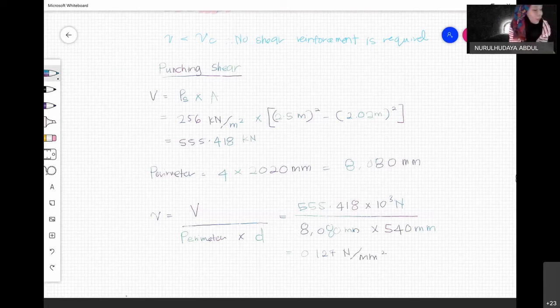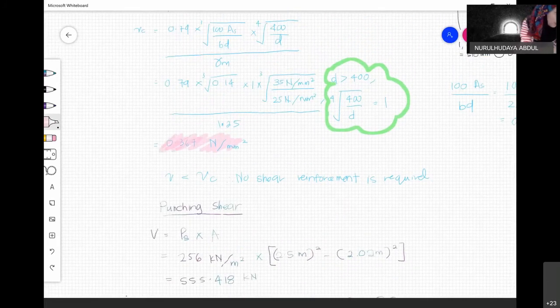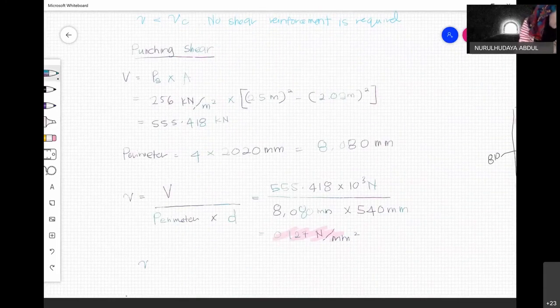Okay. After kita dah dapat the shear stress, so we're going to compare this shear stress V ni lah, compare again dengan VC. So, ambil lah value ni 0.127 ni, you compare lah dengan VC kita 0.367 ni. So, kita pun memang dapat V ni memang obviously it is less than VC. So, what does it mean by that?